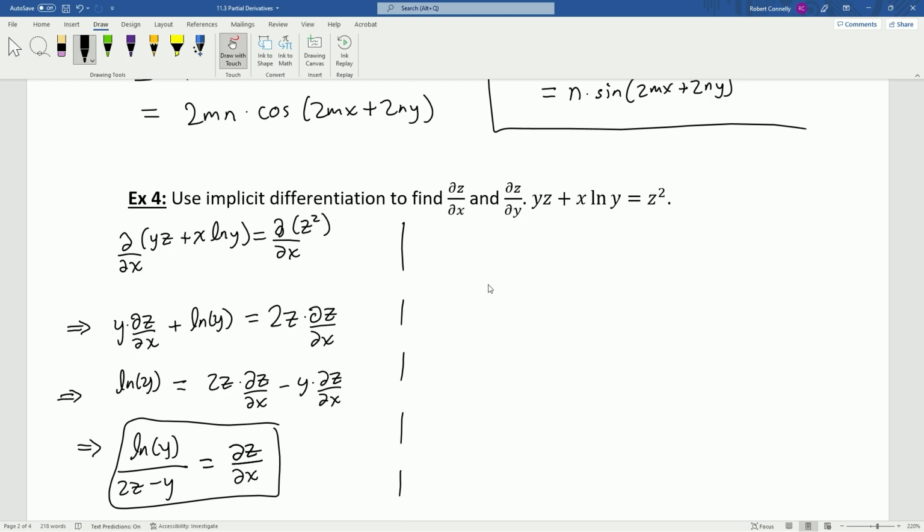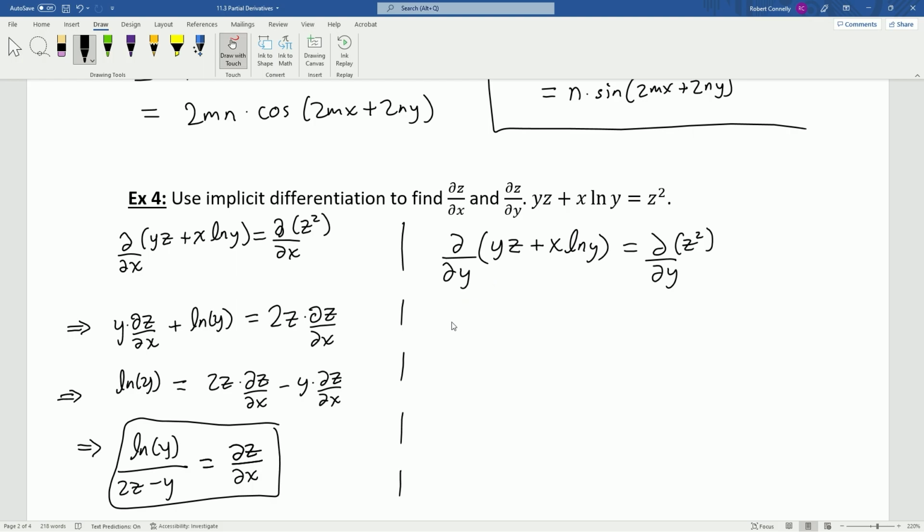And let's go ahead and take the other. So same process here. Partial derivative with respect to y of both sides of the equation. Okay, here we've got y times z, and both are being treated as functions of y, so we have to apply the product rule here.